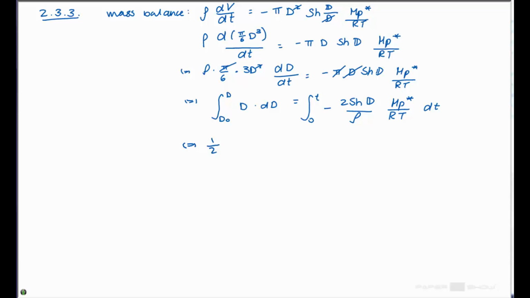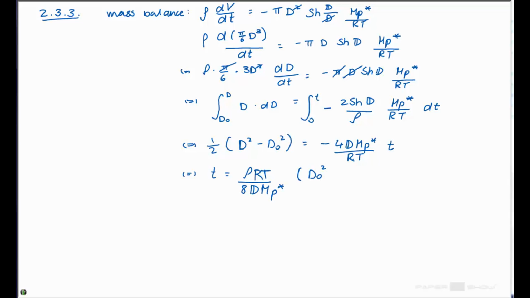So as we can see, if we integrate the left side of the equality sign, this gives half of d squared. And to the right, we will just get t. Remember, the border conditions we chose are that at the beginning, so at the moment t is 0, the diameter is d0. And at the moment t, which we are looking for, the diameter is half of that at the beginning.